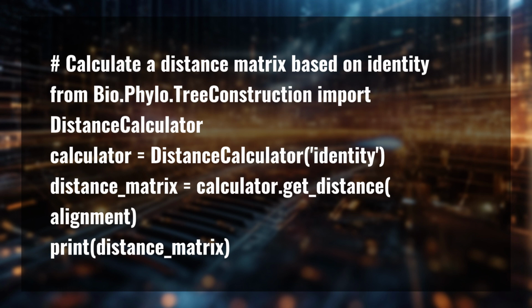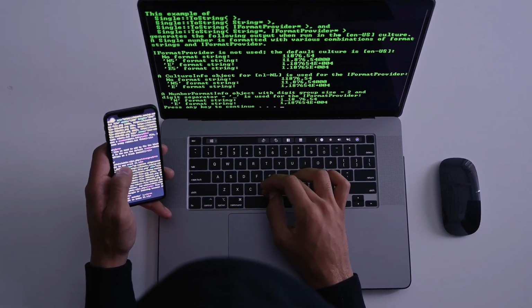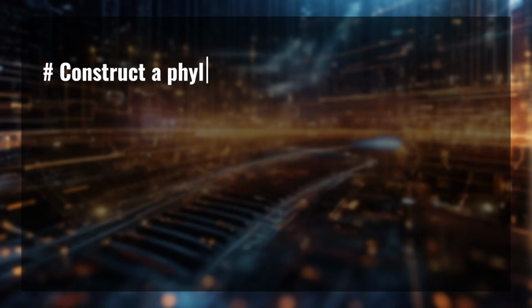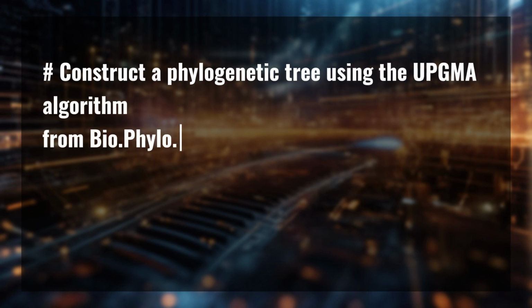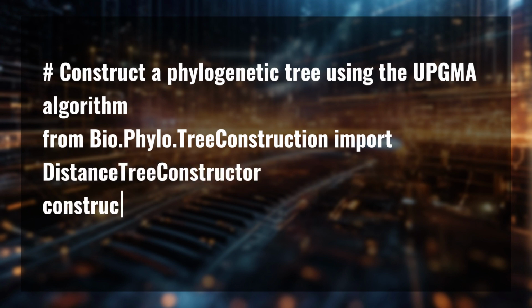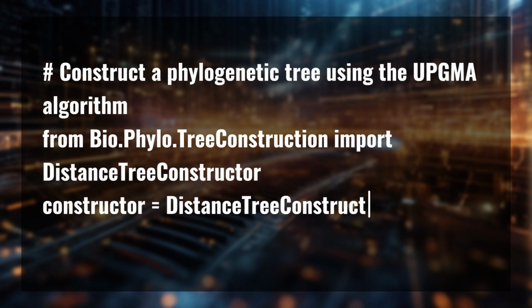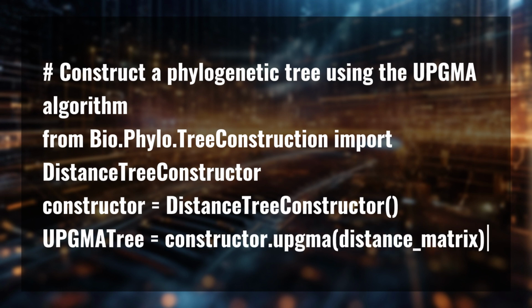The next code specifically talks about constructing a phylogenetic tree using the UPGMA algorithm. Don't get confused and don't get overwhelmed. From Bio.Phylo.TreeConstruction, now we are trying to import. Remember, whenever we are seeing very complex stuff, don't get overwhelmed.